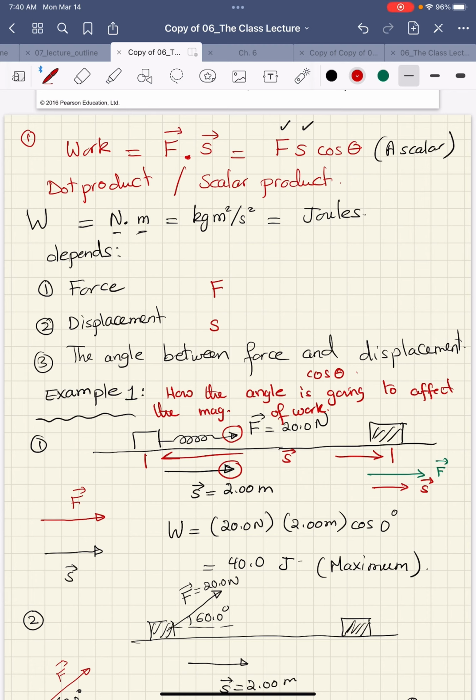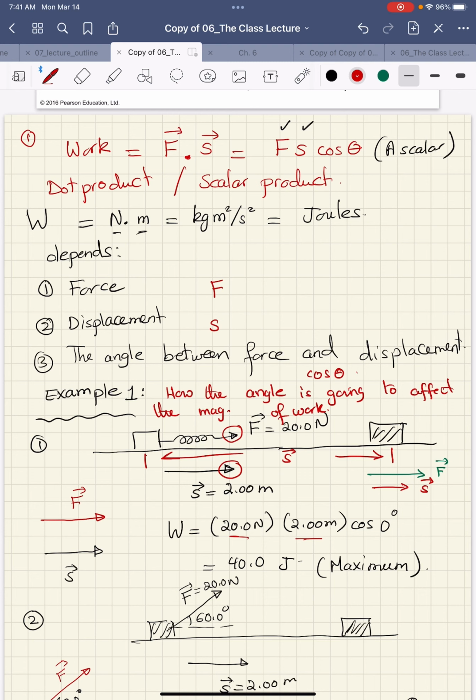Here they are both pointing to the right, so the angle between them is 0, and cosine 0 is 1. This is the maximum work I can get from a force. When the force and the displacement are in the same direction, the work done is 20 newtons times 2 times 1, which is 40 joules.